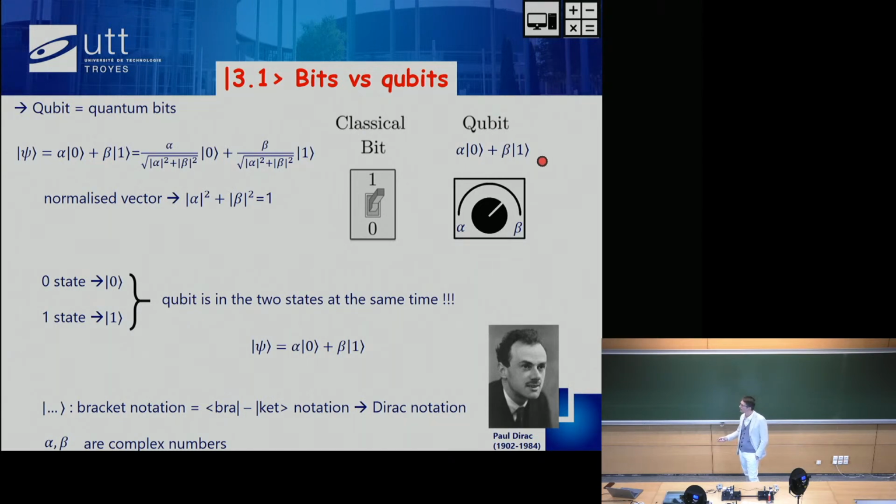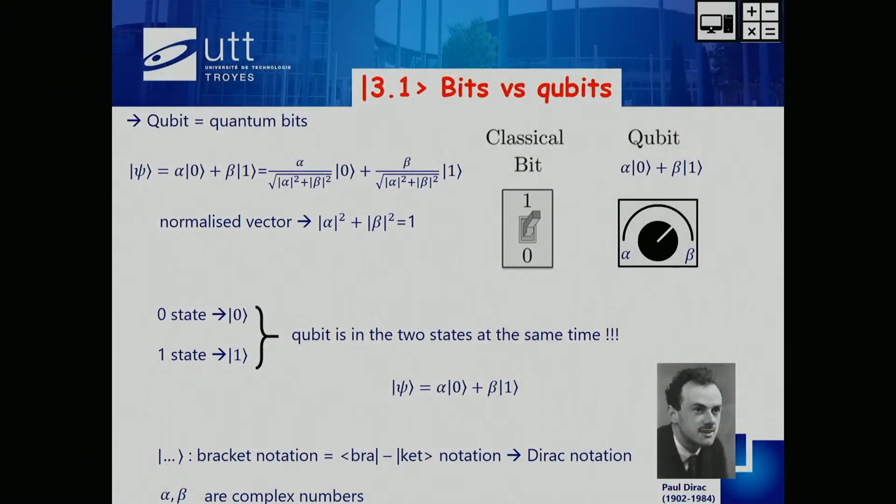It's something that has also 2 states, 0 and 1. Except that in this case, these 2 states can be in a superposition of the 2. So they are both 0 and 1 at the same time. Okay?